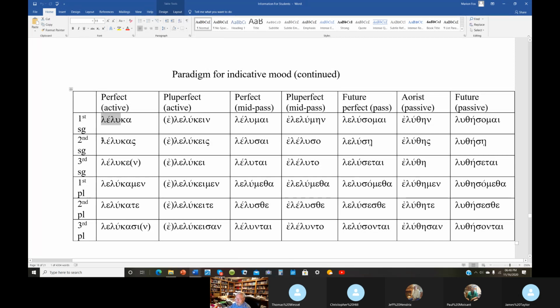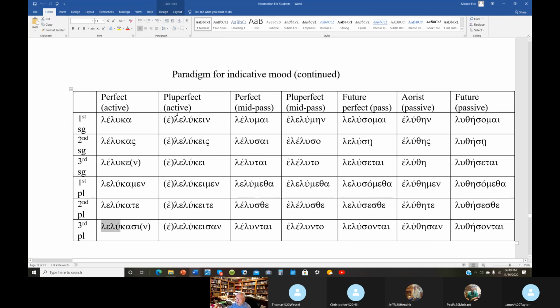Those are your endings. So there's your stem. And the stem again, ka, kamen, kate, kasi. Those are your endings.